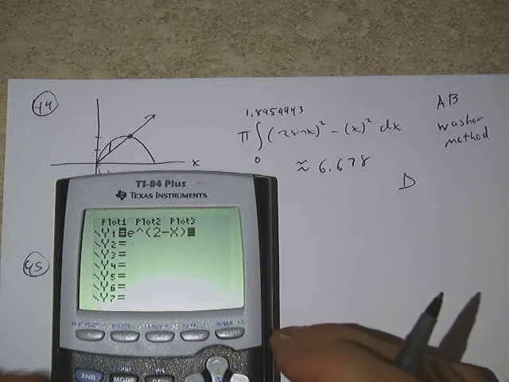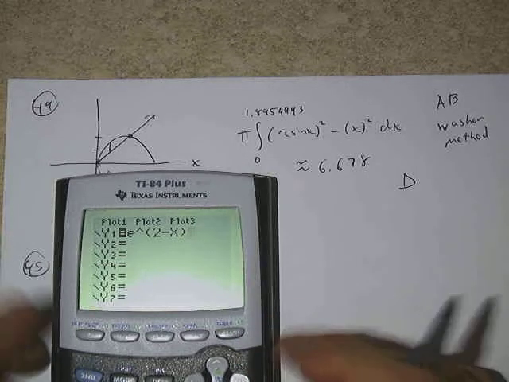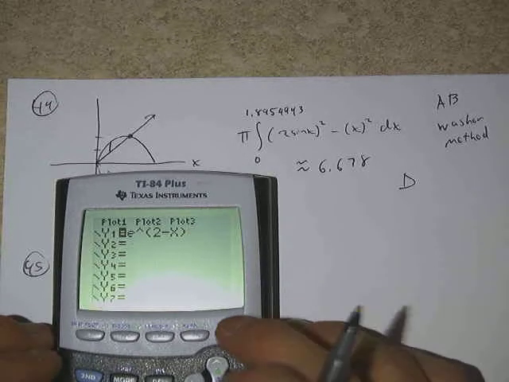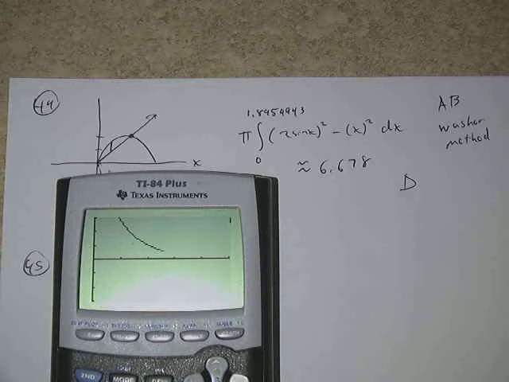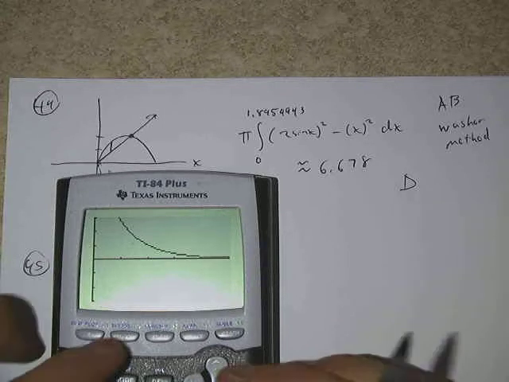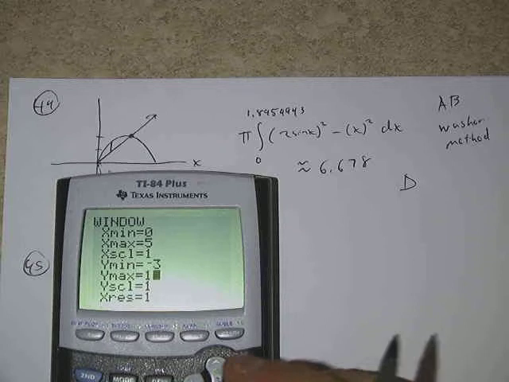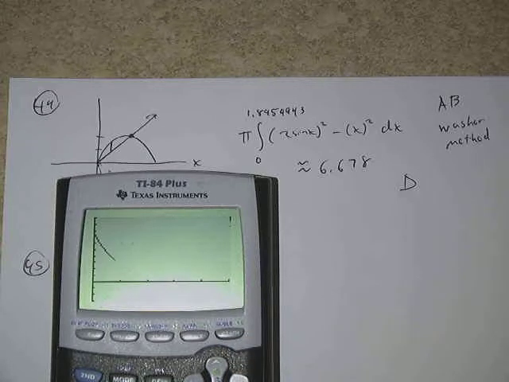And looking at the point (1, e), let's try our same window that we've been using and see what we see. We'll want to make that a little higher on the y side. Go 10 here and see if we see that intersection point. There it is.